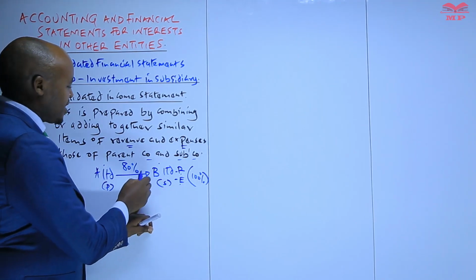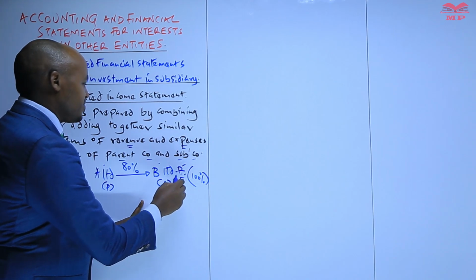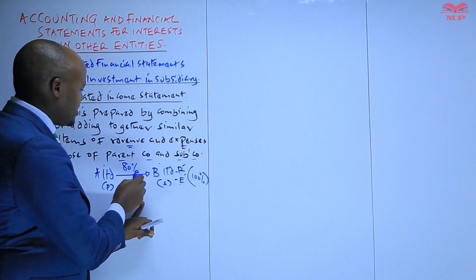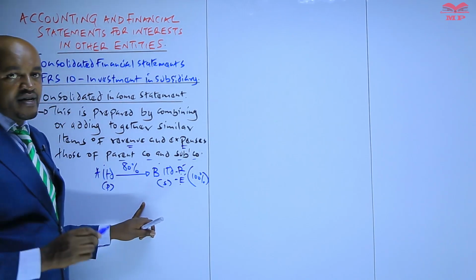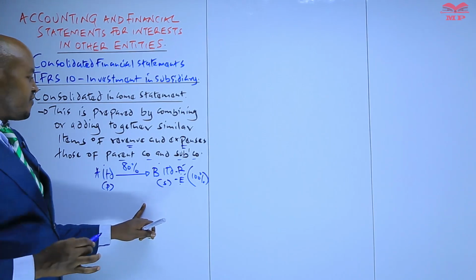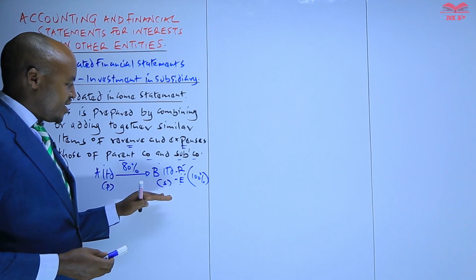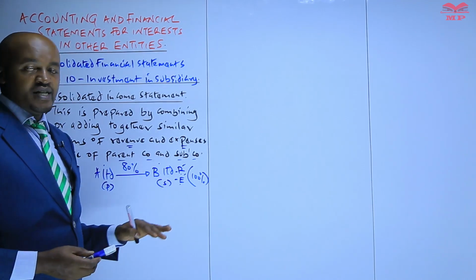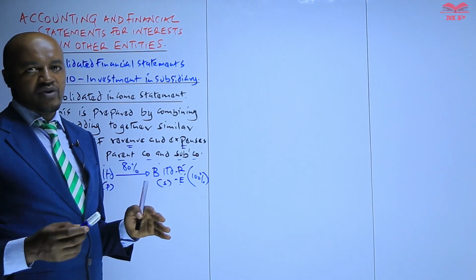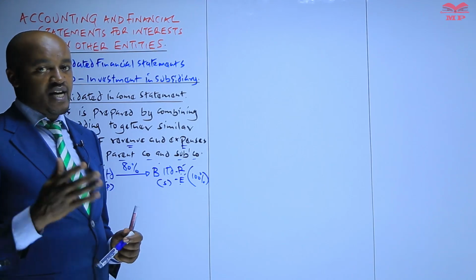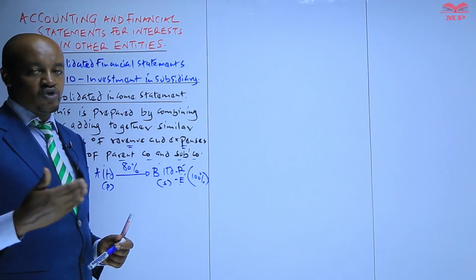So when taking into account the revenue and expenses of the subsidiary, you should not multiply that by 80%, but you take the full amount of revenue and expenses. Now, equally, when this consolidated income statement is to be prepared, we have a number of consolidation adjustments which are necessary and which you must be in a position to deal with.